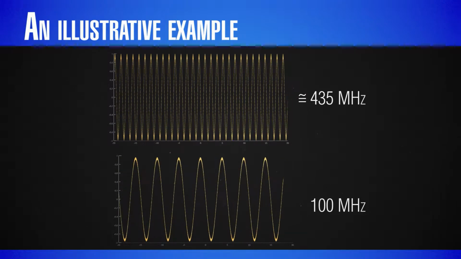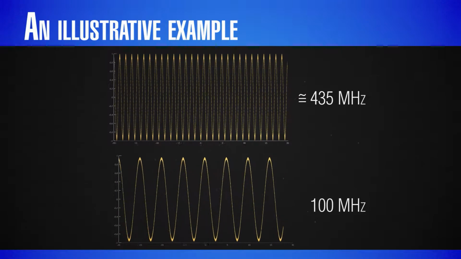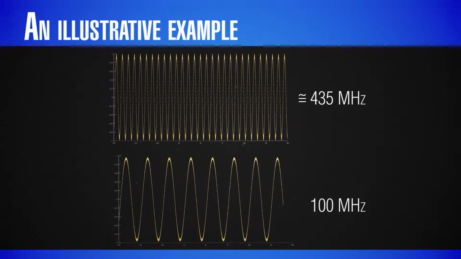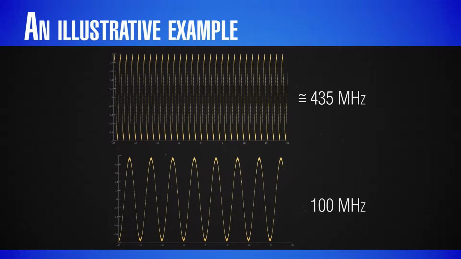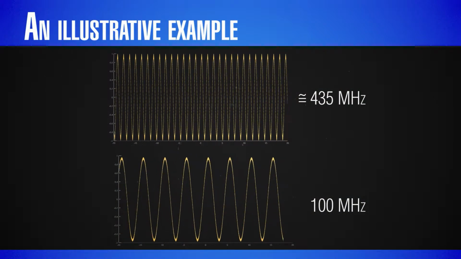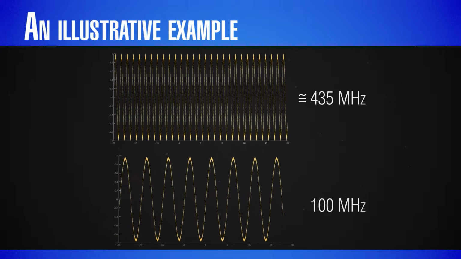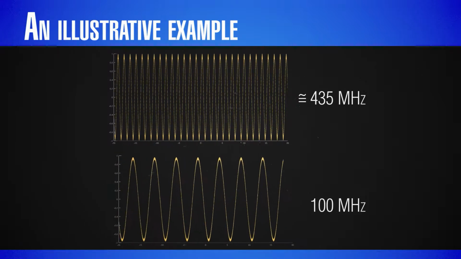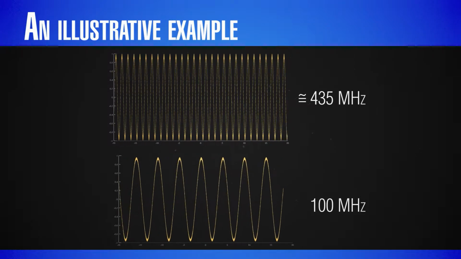So we are emitting a signal which is 4 times lower in frequency than the frequency of emission of our antenna, and we can't just feed it to the antenna, because we have already seen that somehow the physical characteristics of the antenna are reflected in the frequency that we emit. So we cannot simply feed this lower frequency, which means larger wavelength signal. So 4 times smaller frequency means 4 times larger wavelength, so the antenna will not be able to use this signal. So what can we do?